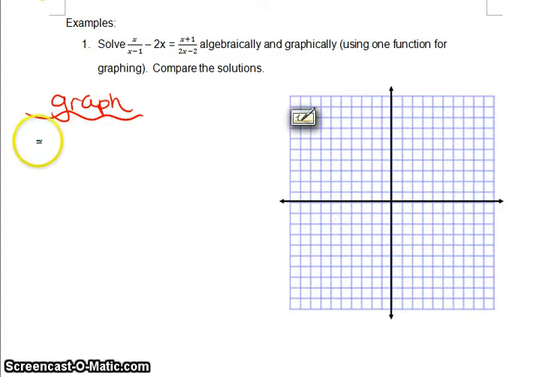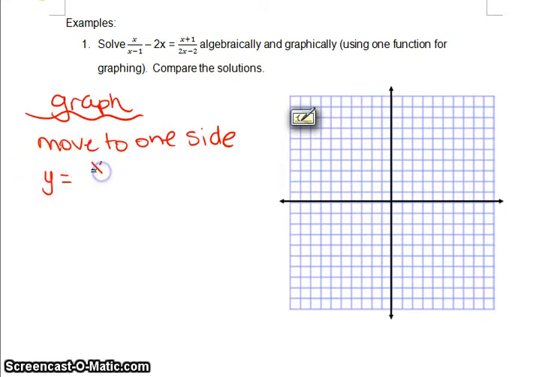So here I'm going to move everything to one side. And so what we would have is y is equal to x over x minus 1 minus 2x. Then we're going to subtract this whole term to get it to the other side. So you have subtract x plus 1 over 2x minus 2.